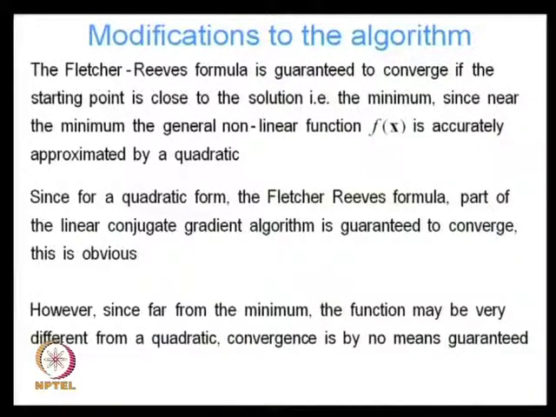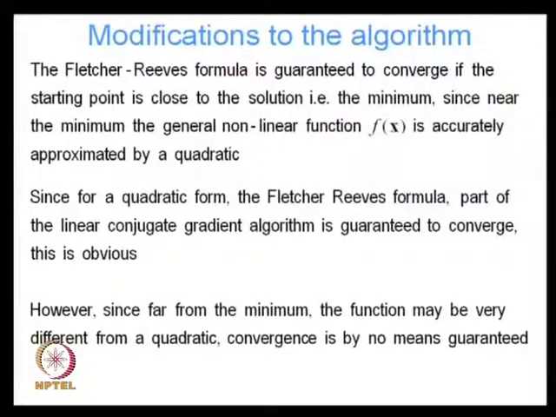So if you start your iteration with a starting guess which is close to the minimum, then the behavior of the function near the minimum is pretty much quadratic, and the Fletcher-Reeves formula is going to converge very well. Since near the minimum the general nonlinear function f of x is accurately approximated by a quadratic, and for a quadratic form the Fletcher-Reeves formula, as part of the linear conjugate gradient algorithm, is guaranteed to converge, this is obvious.